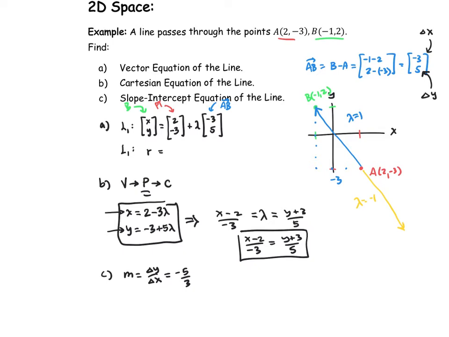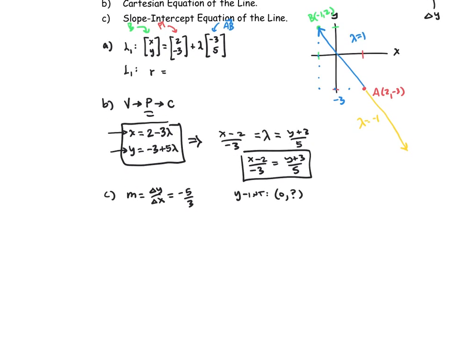When it comes to the y-intercept, we know that the y-intercept occurs when x equals 0. So the y-intercept is going to be whatever value comes out when I plug a 0 in for x. So I'm going to do that. I'm going to utilize my parametric form for this portion, plug a 0 in for x, and solve for lambda. So if I plug a 0 in for x, I get 0 equals 2 minus 3 lambda.